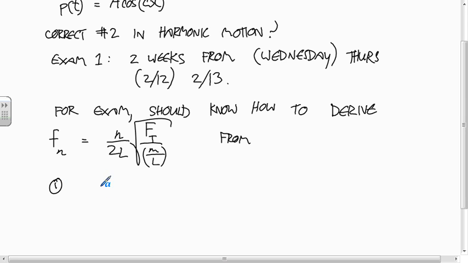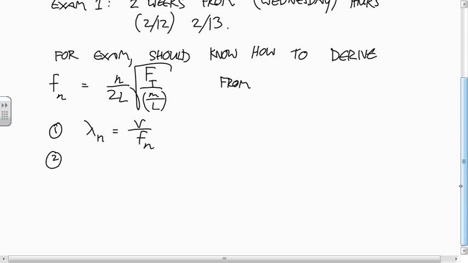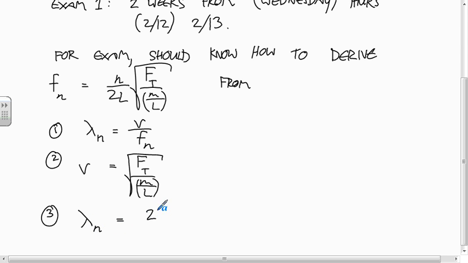One is the wavelength. One is the wave speed for a transverse wave along a cable. And then the third one is the allowable wavelengths for a string, so that's equal to 2L over n.